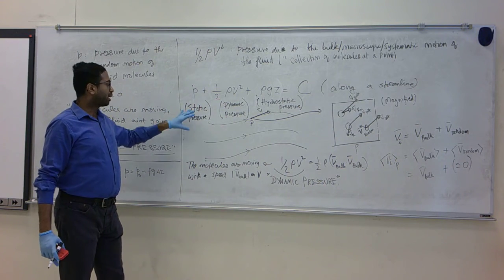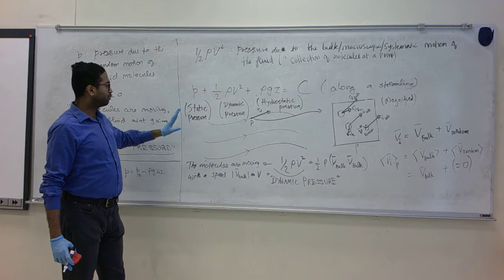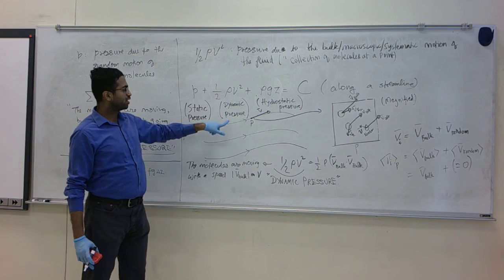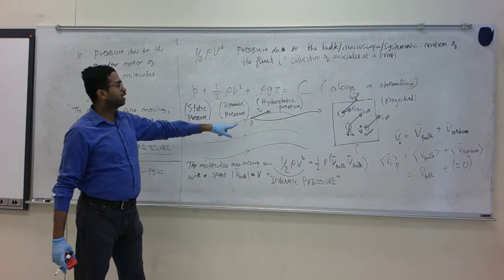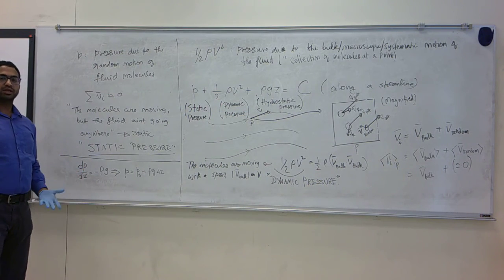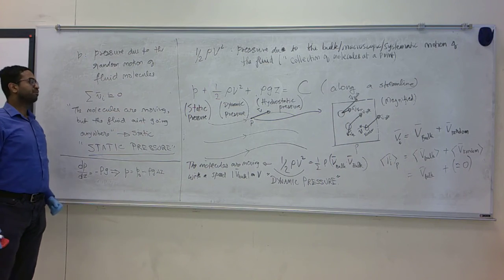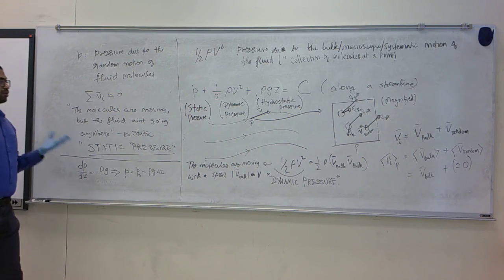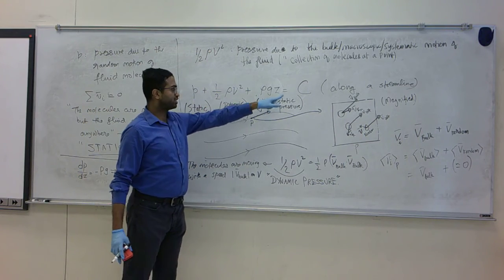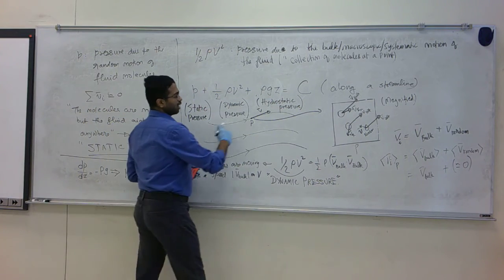They all are the same quantity. They are all parts of pressure that come due to the motion of the fluid molecules, the bulk motion of the fluid, and then the pressure that is due to the variation in height. And what we say is that their sum, P plus half rho v squared plus rho gz, is a constant along a given streamline.